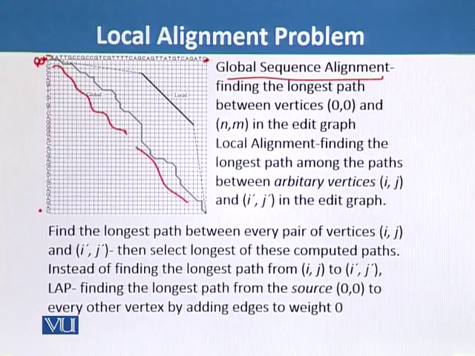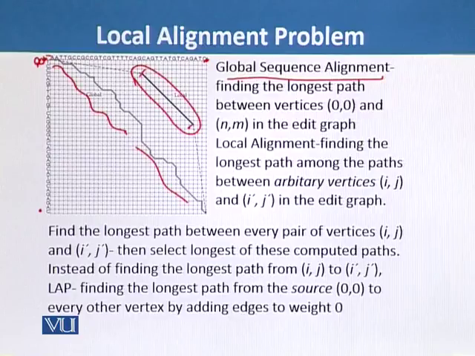While in the local alignment, the problem corresponds to finding the longest path among the paths between arbitrary vertices, that is i,j and i prime, j prime. And here we can see this is the local sequence alignment, and this is the arbitrary vertex i,j and i prime, j prime.